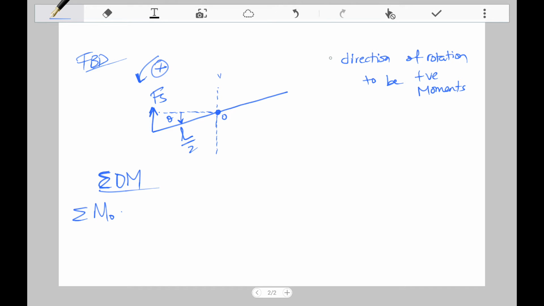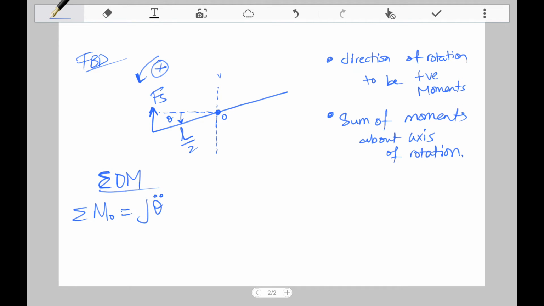That's point number 1, and point number 2, sum of moments about the axis of rotation. Basically that's going to be equal to J times the angular acceleration.